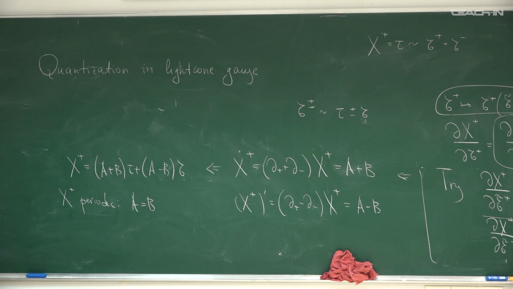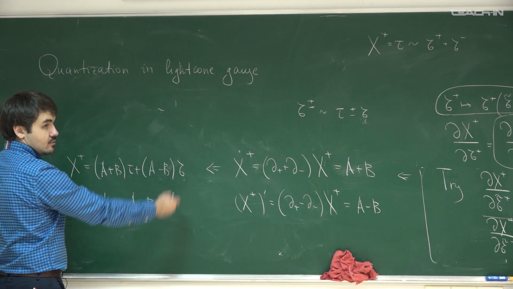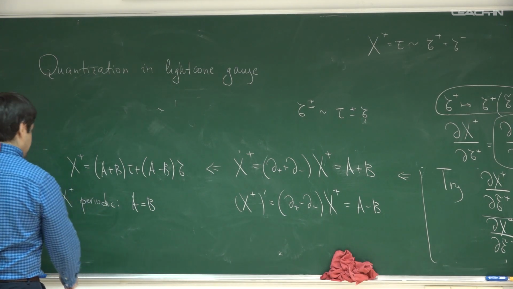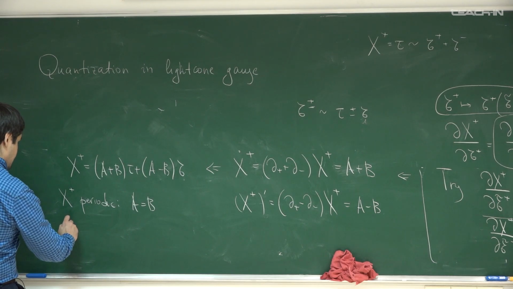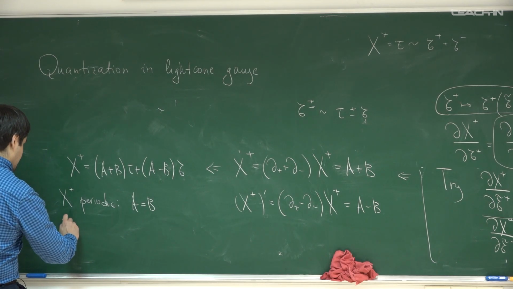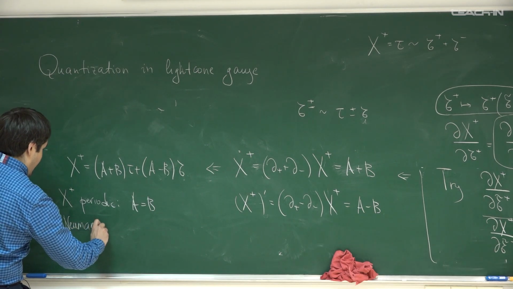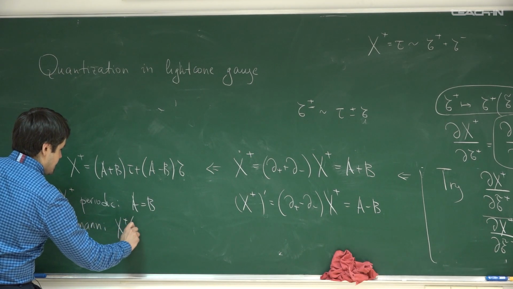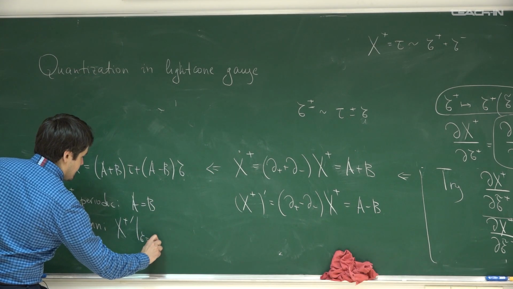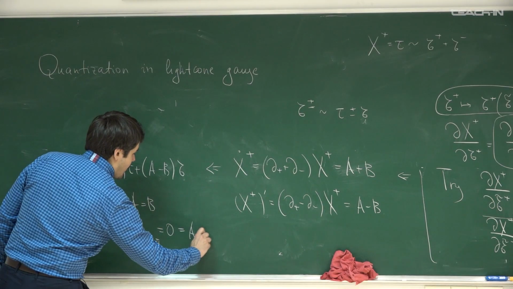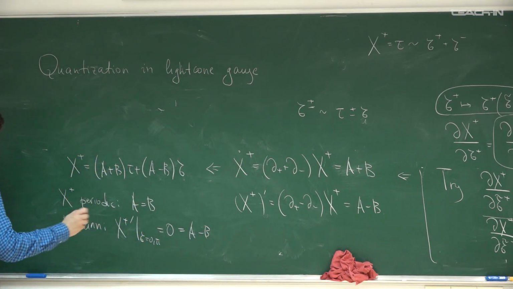In the open case, the derivative of this has to be 0, so that gives the same answer, right? So if Neumann, anyway, A is equal to B. So this is one case.